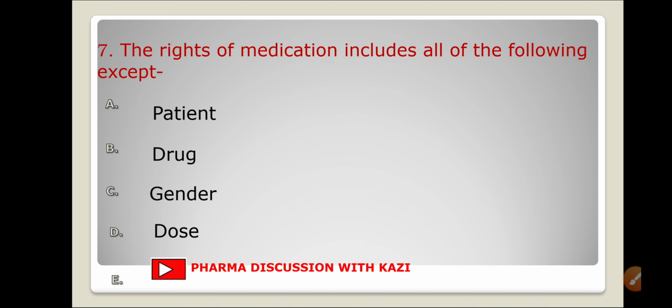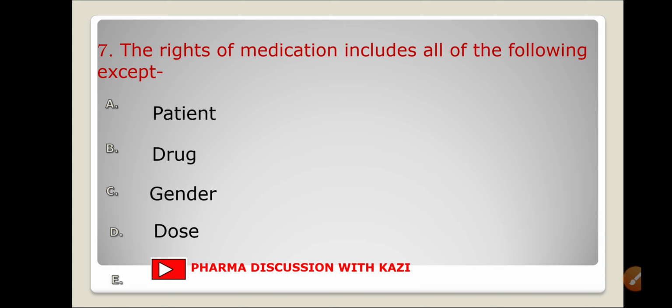Next question. The rights of medication include all of the following except: the options are patient, drug, gender, dose. We know that there are 5 rights of medication to reduce medication error.